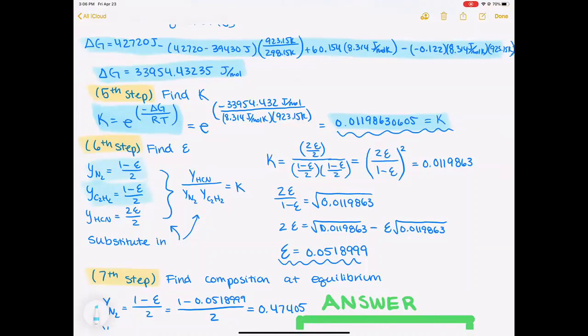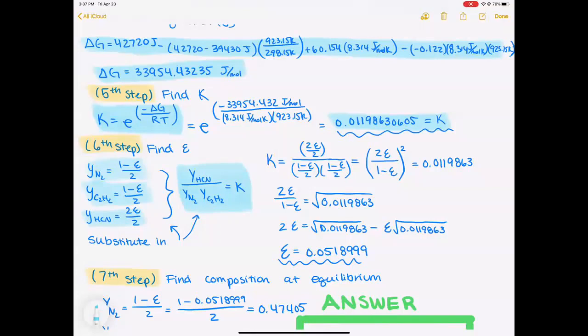And then the mole fraction of HCN is that right there. So then you have this equation right here, which is just the molar fractions of the products over the molar fractions of the reactants.